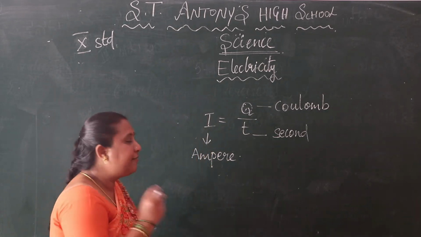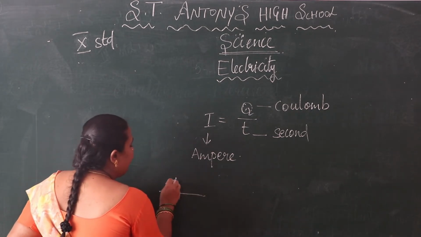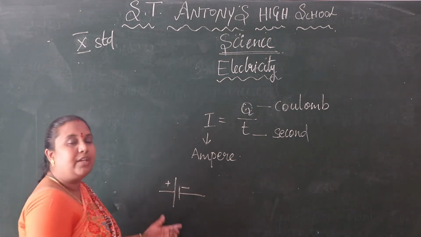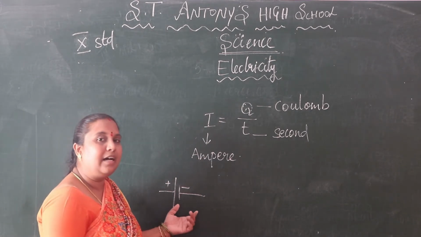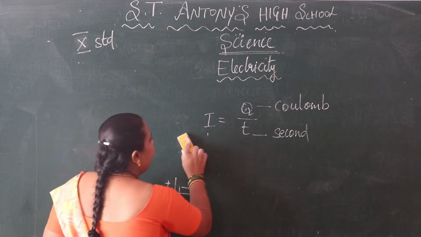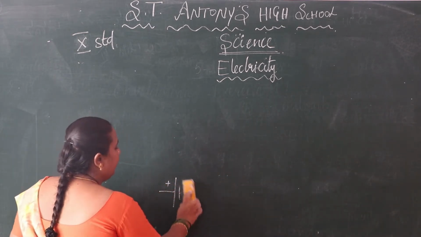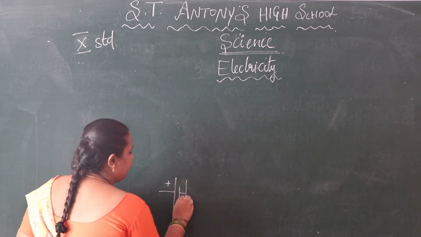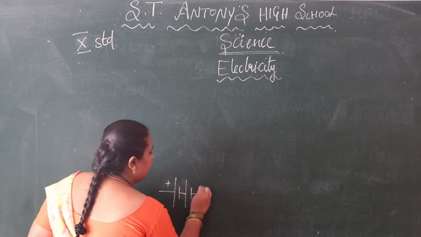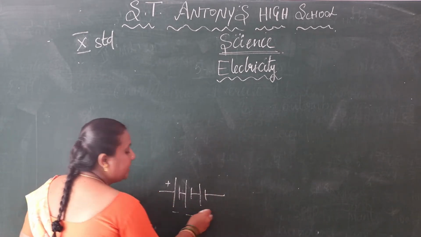This is the symbol of a cell, with the positive and negative sides. If we connect two or more cells like this, here we have 1, 2 and 3 cells.